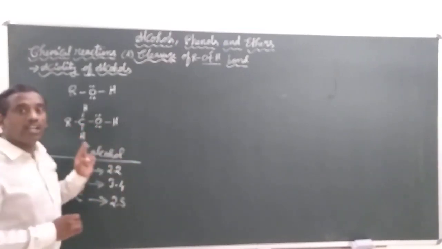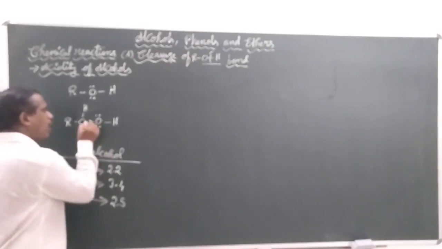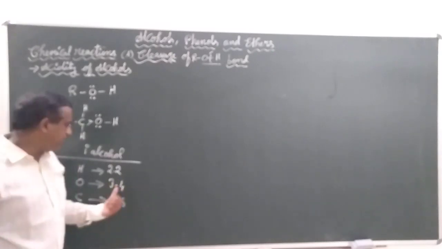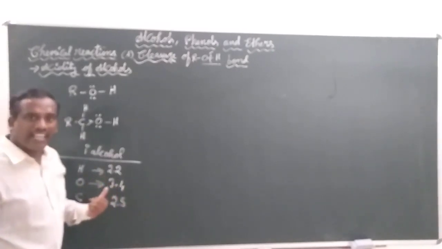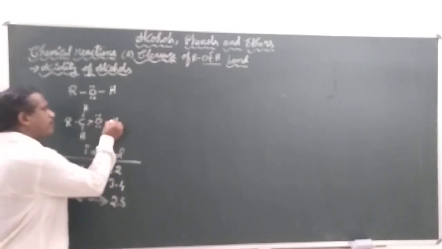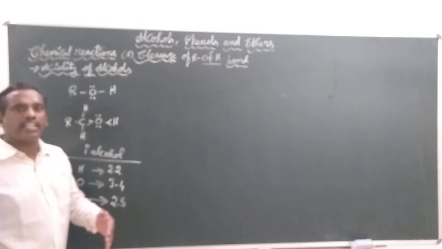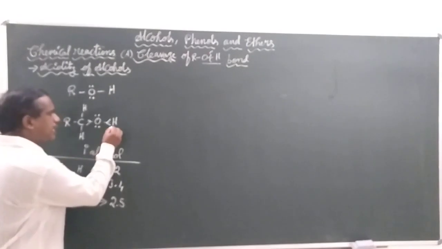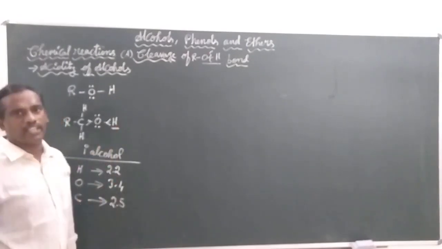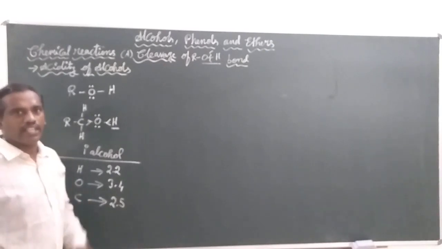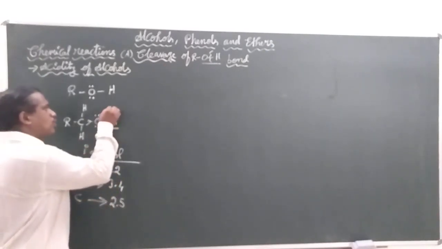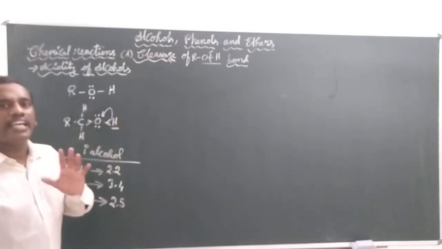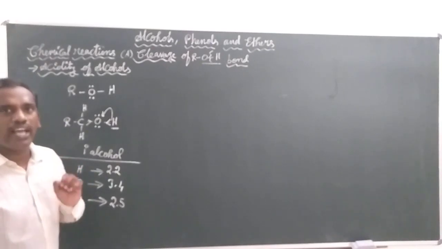But oxygen withdraws electrons from carbon also, because carbon's electronegativity is only 2.5, lower than oxygen. Hence oxygen is withdrawing electrons from both hydrogen and carbon. But when we compare, the hydrogen can be easily lost due to its least electronegativity. The bond pair will be completely withdrawn toward the oxygen, meaning hydrogen will be given out in the form of H+.